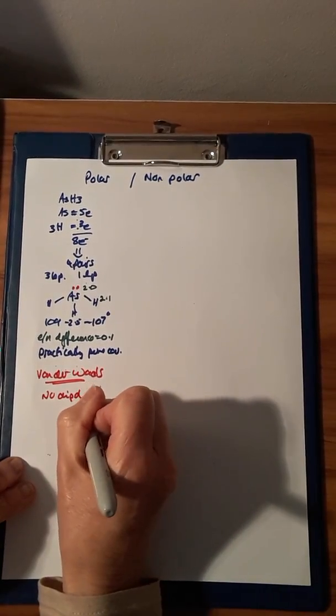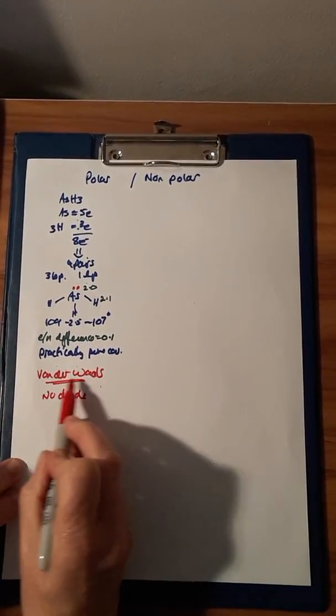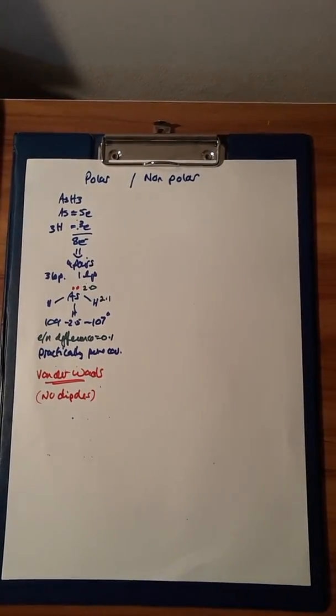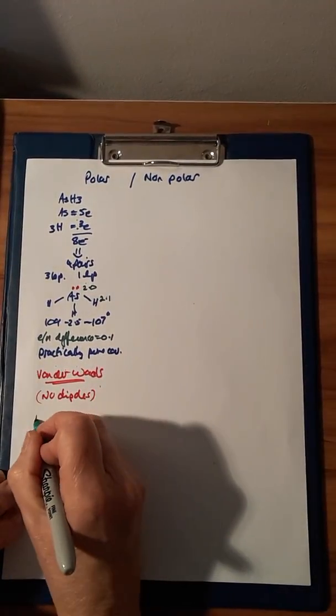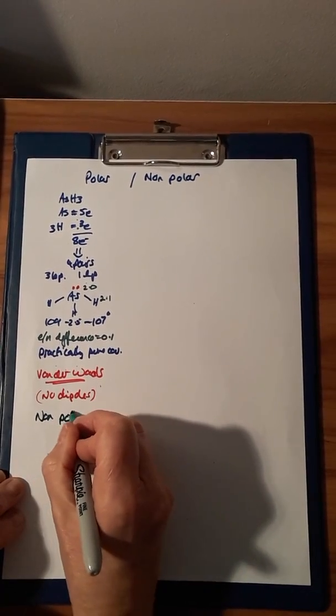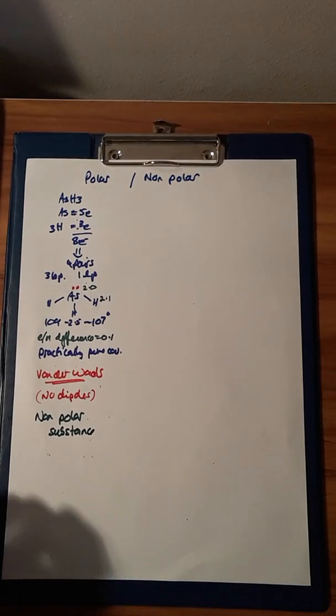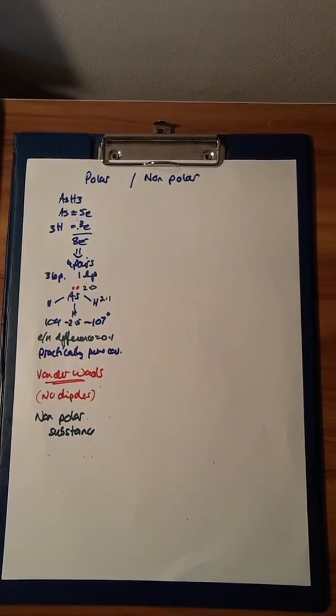There is no separation of charge, so van der Waals forces. And if that's the case, if it's van der Waals forces, then it has to be a non-polar substance. Okay, non-polar substance. If there are only van der Waals forces present, it has to be non-polar. That's the first one I wanted to have a look at.